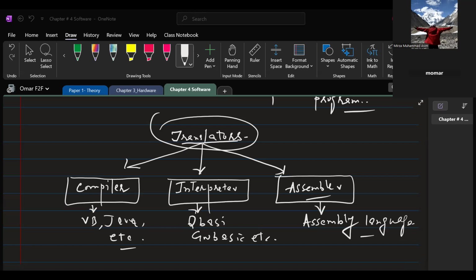The interpreter reads one line of the high level language code. No, you don't understand?